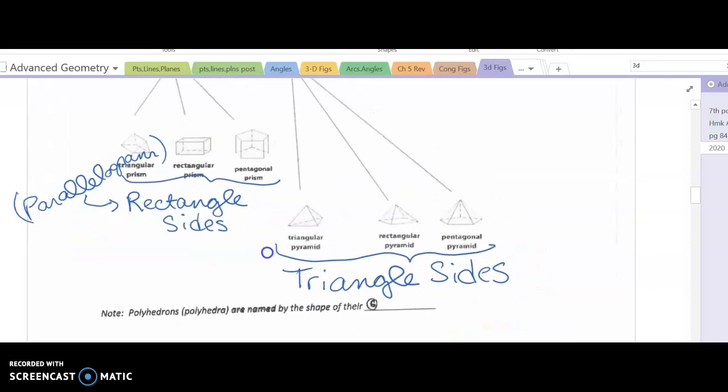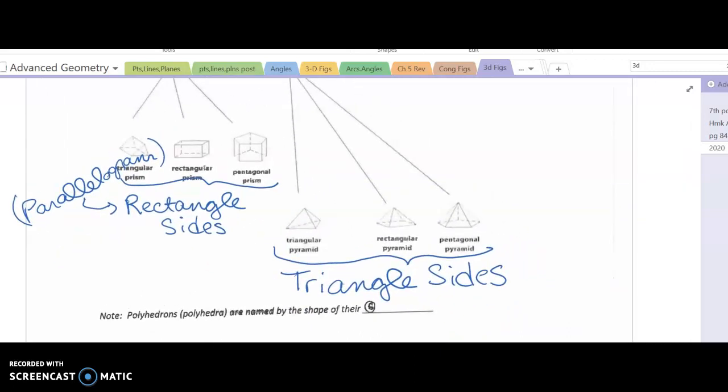In other words, note that polyhedrons, or polyhedra plural, are named by the shape of their blank. I hope you're thinking right now, well, look, Miss Benton, all these have prism for their last name, and their first name, pentagonal, rectangular, triangular, seems to be the shape of the top and the bottom, what we're going to call those bases. So we're going to say this is bases.